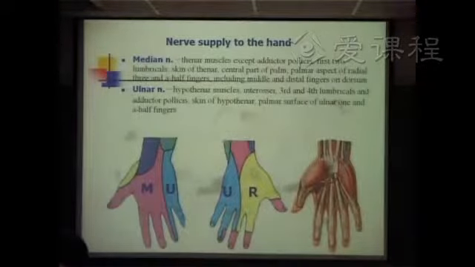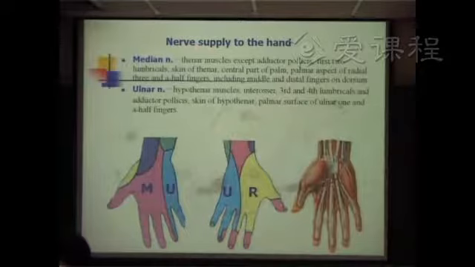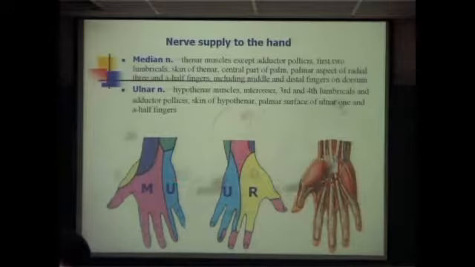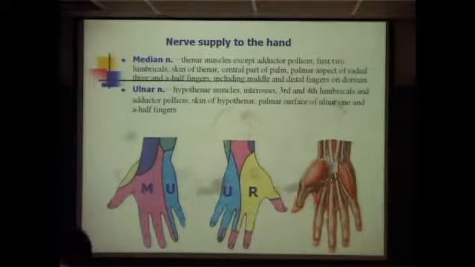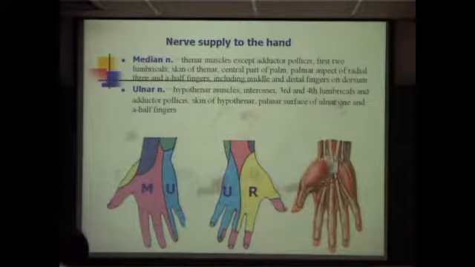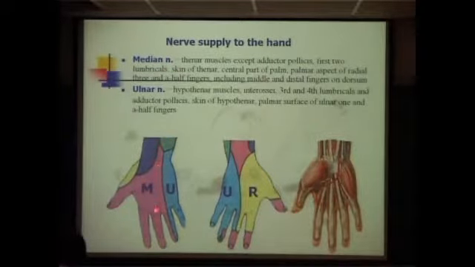And then we should consider the nerves supplying the hand. We have already studied the nerves supplying the hand in systematic anatomy. Now we go over it again. The median nerve supplies this region.